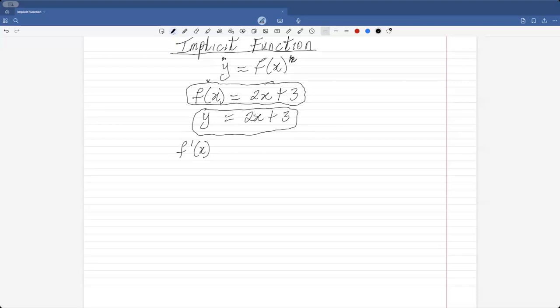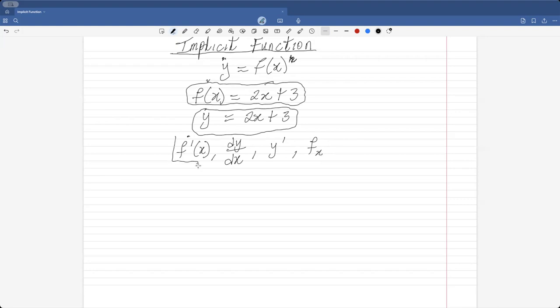In addition to this notation, we can also use dy/dx when finding the derivative of a function. We can also use y prime. We can also use f sub x.